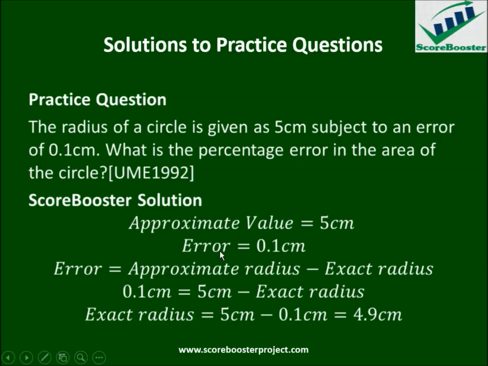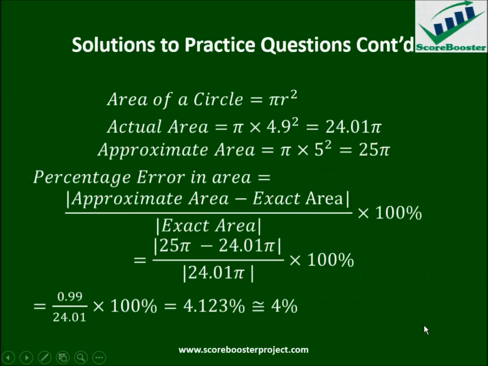Now, using the relation, the error is the approximate value minus the exact value. So the error, 0.1 centimeters, equals the approximate radius, which is 5 centimeters, minus the exact radius, which is unknown. So the exact radius will be 5 centimeters minus 0.1 centimeter, which is equal to 4.9 centimeters.